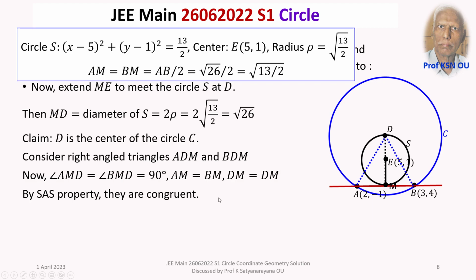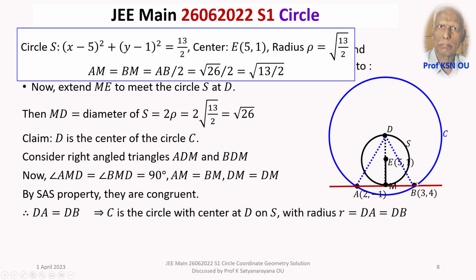When they are congruent, AD is equal to DB, DA is equal to DB. This implies C is the circle with the center at D which lies on S, with radius R equal to DA equal to DB. That is the circle C.